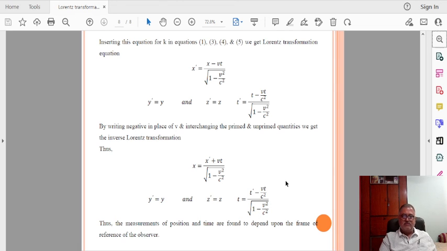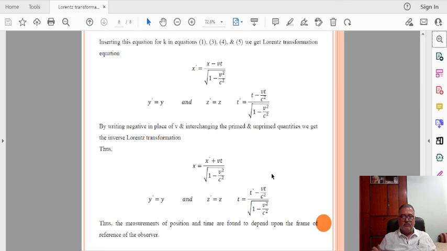Thus the measurements of the position and time are found to depend upon the frame of reference of the observer. See friends, these are nothing but the Lorentz transformation equations.